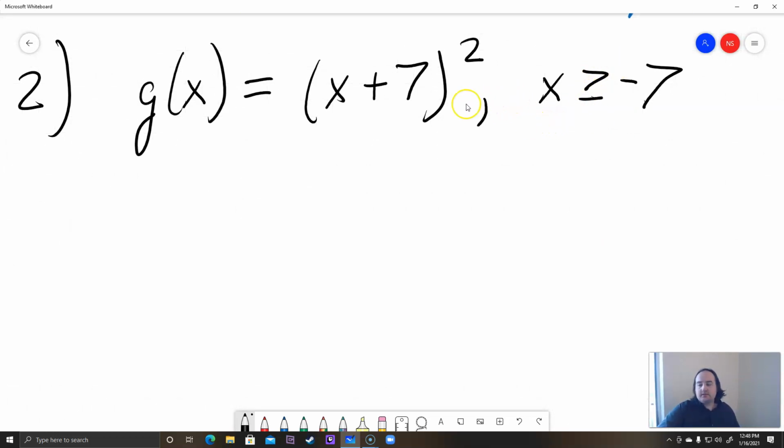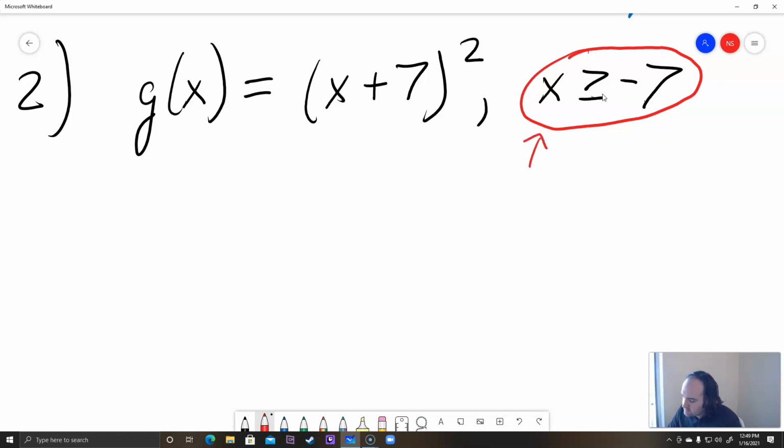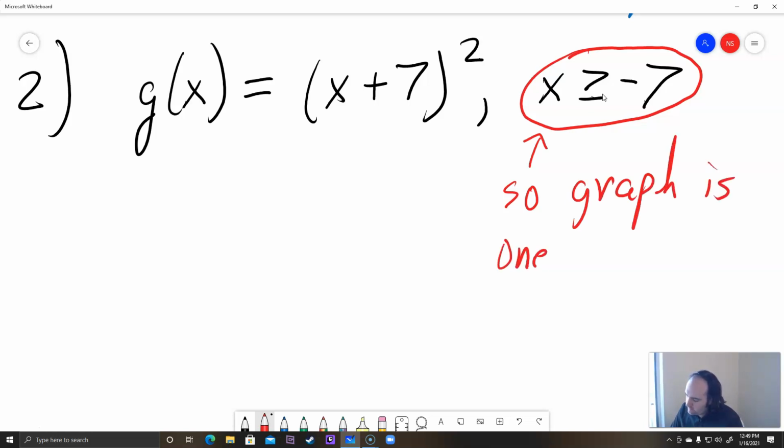The reason they're saying this here is they have to restrict the domain in order to make the graph a one-to-one function. So the graph is one-to-one.